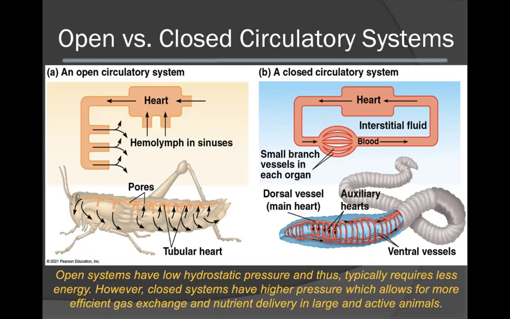In general, open circulatory systems have low hydrostatic pressure, and as a result, they typically require less energy to maintain. However, closed systems allow for higher pressure values. This increase in blood pressure is important to allow for more efficient gas exchange and also to allow for more efficient nutrient delivery in large and highly active animals.